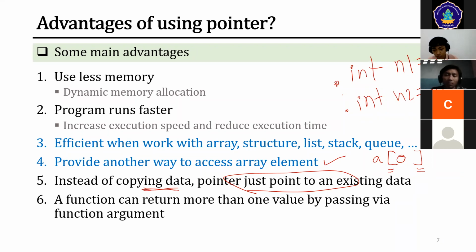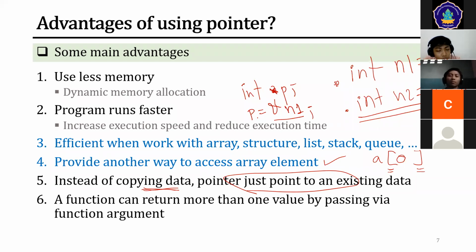But with a pointer, it does not need to create a new variable. It just creates a pointer. Let's say I have an integer pointer, represented by the star symbol, and I call it p. Then we make p point to n1 by writing p equals the & symbol and then n1. This is the address of n1, right? And then you store it in p.